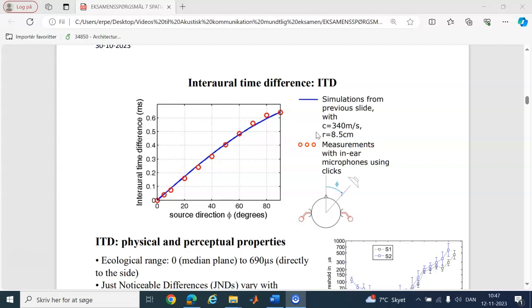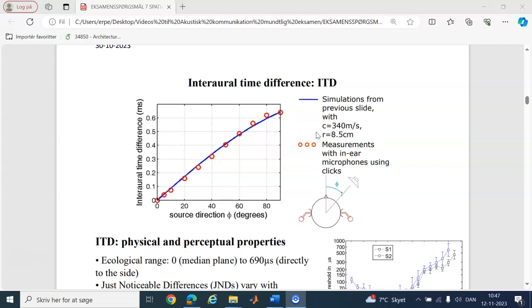The interaural time difference in milliseconds is biggest when the source direction is 90 degrees.